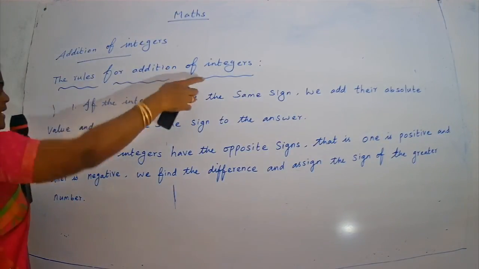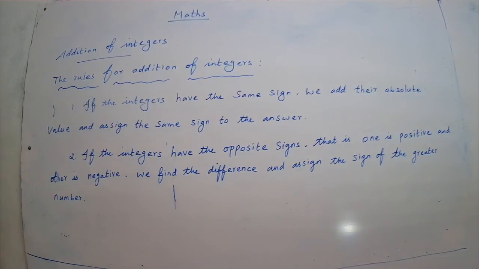The rules for addition of integers. Two rules, right. Write fast. You write the two rules in your classwork note. Write fast children. Write neatly and clearly.